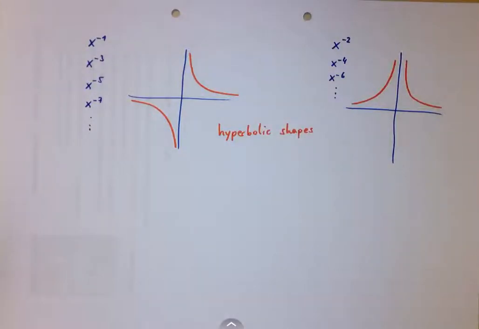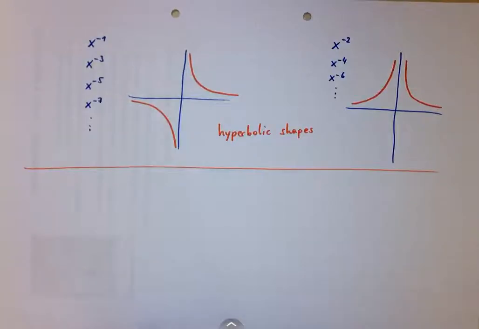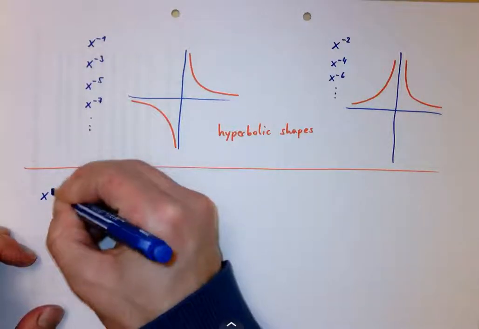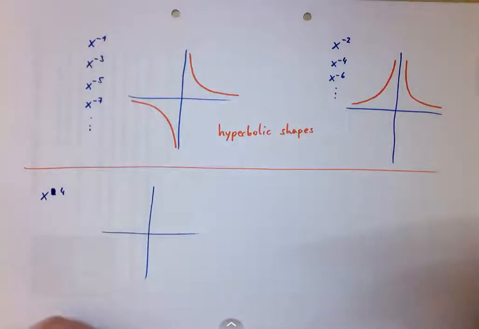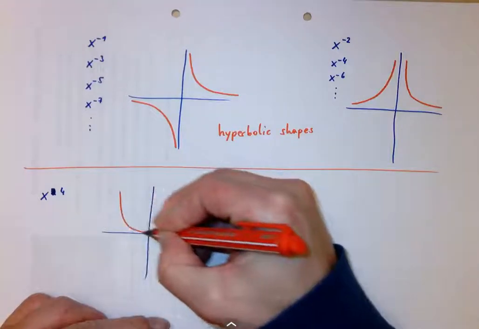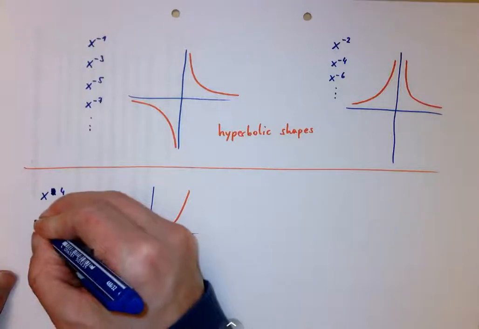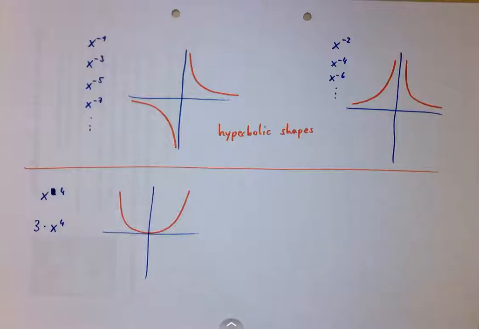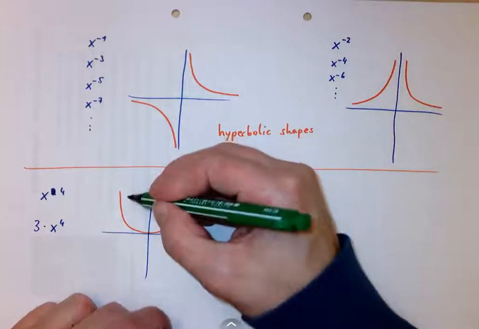Okay, there is of course the possibility to include some variation in the parameters. For instance, if you have x to the power 4, that would look a bit like this. And if you now use 3 times x to the power of 4, the result would be that the shape stays the same, but it's getting steeper.